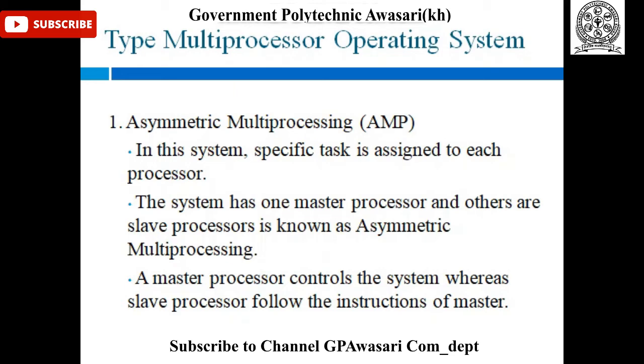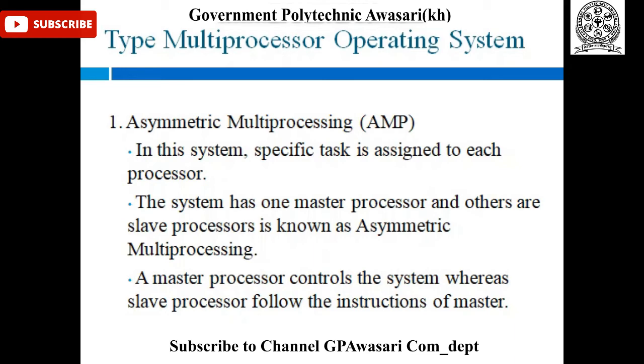As we have already seen that there will be many processors in the multiprocessor operating system, so from that one processor will act as a master and all remaining processors will act as slaves. So this is nothing but the asymmetric multiprocessing.